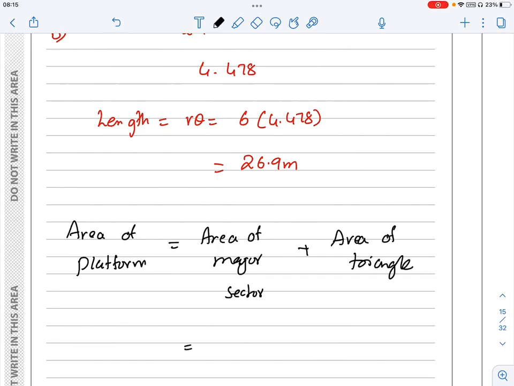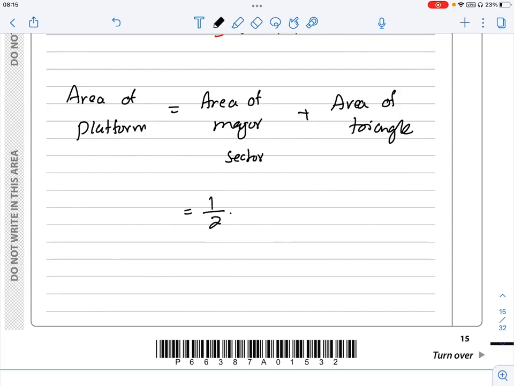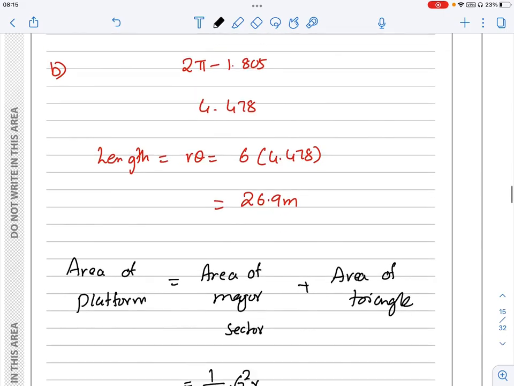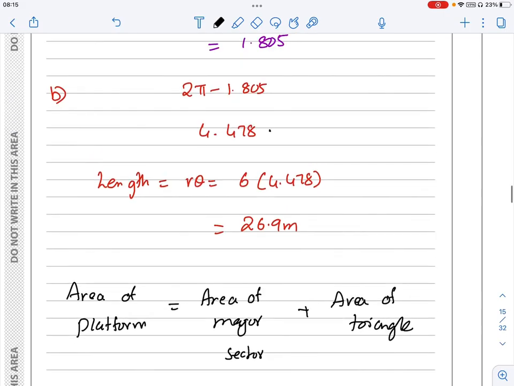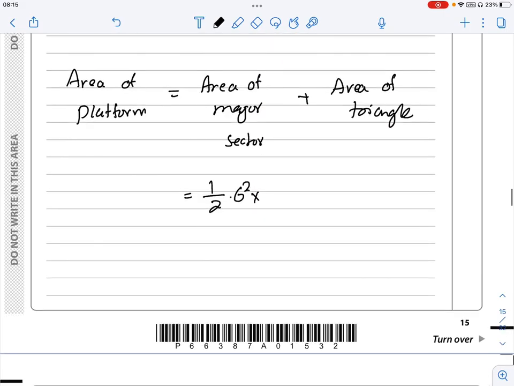Area of the major sector is half r square theta, half times 6 square times theta. Theta we just got as 4.478. So 4.478 plus area of the triangle, 1 upon 2, the sides are 6 and 14, and sine of the angle between them.